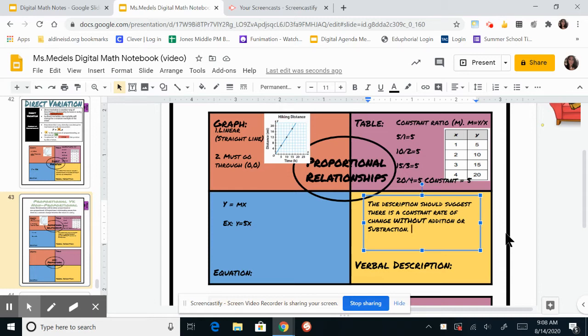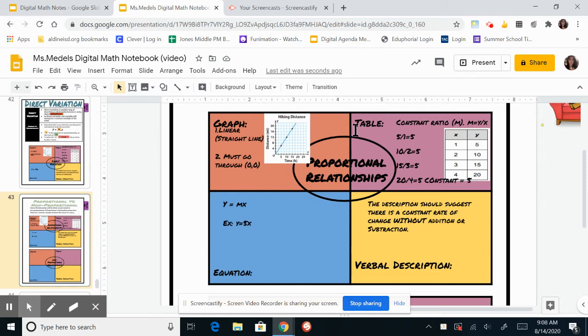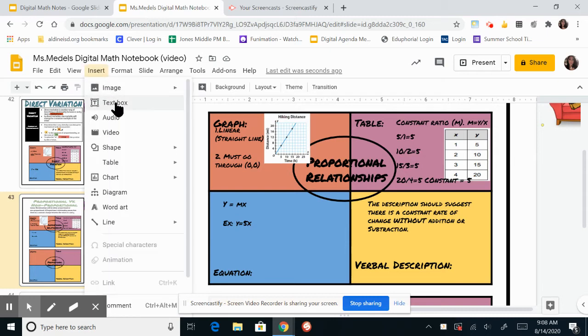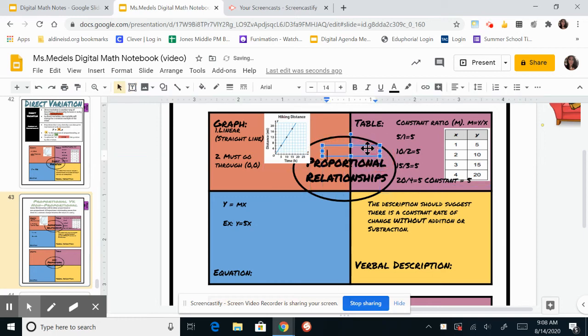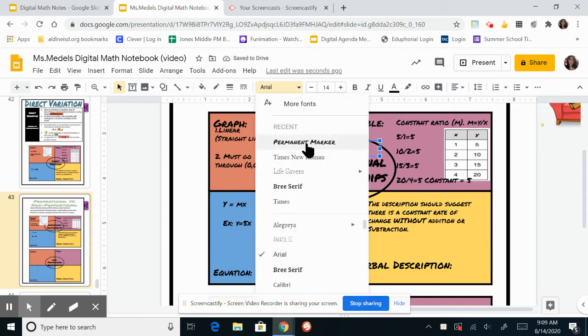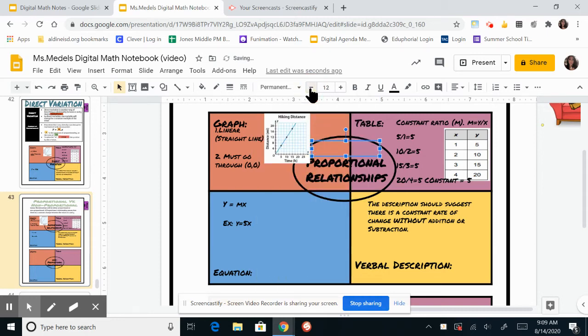Okay, and this should seem very familiar because we have actually seen all of this before, and I am going to insert a text box because another word for proportional relationships is, can you guess?